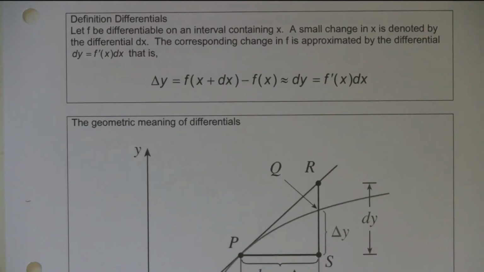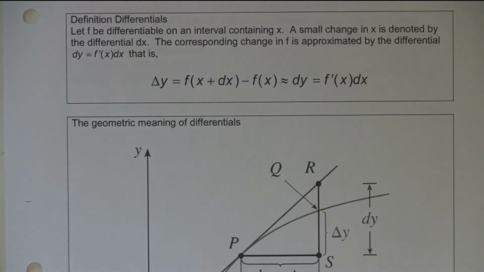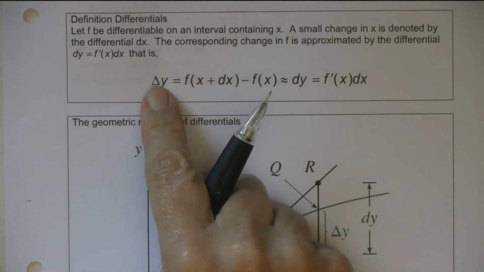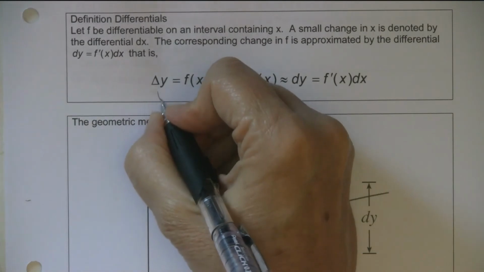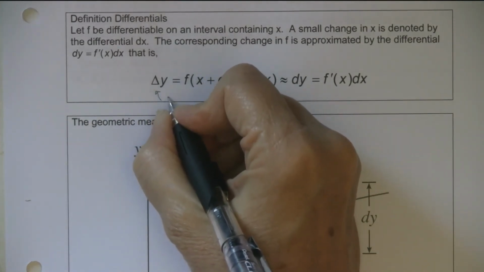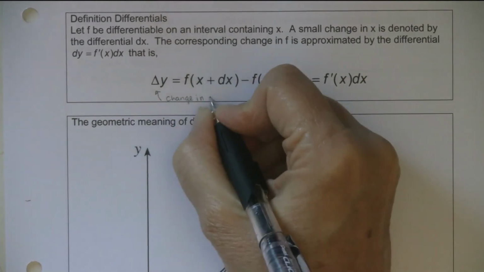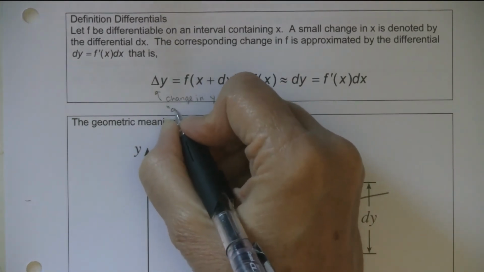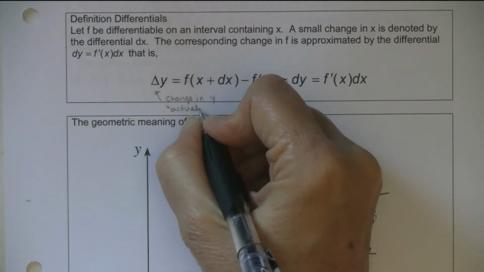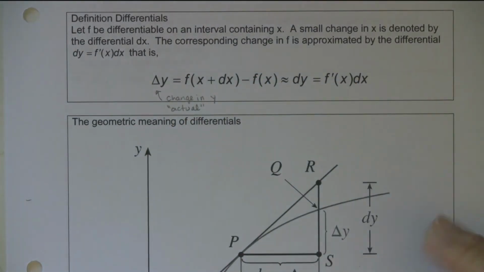And so what they're wanting us to look at here is that this delta y right here is the actual change in y, the exact change in y.